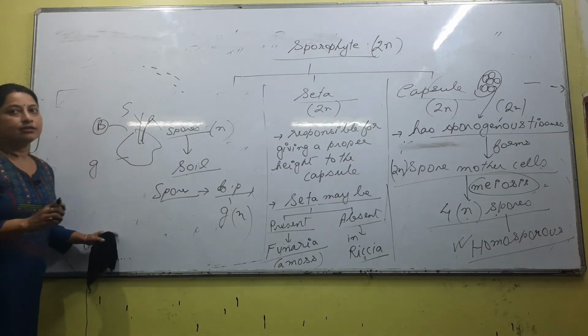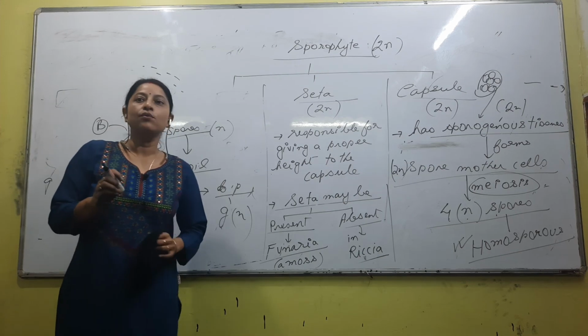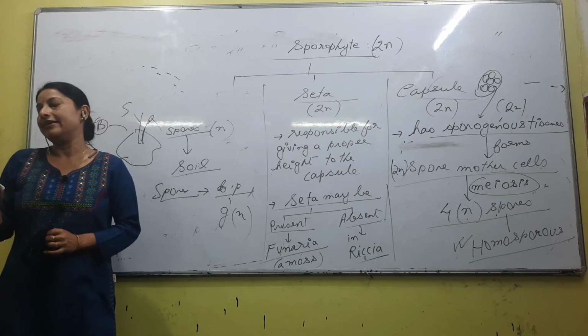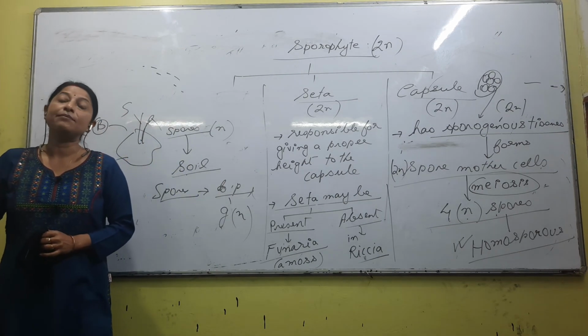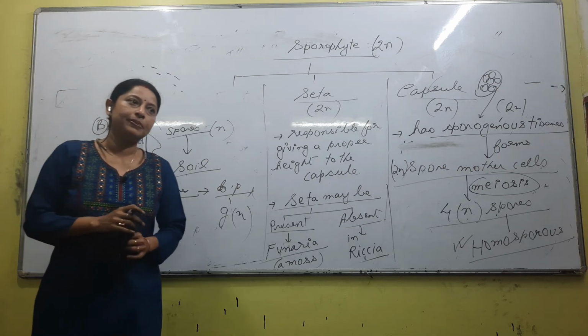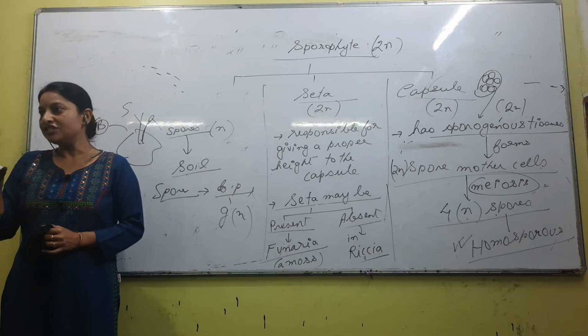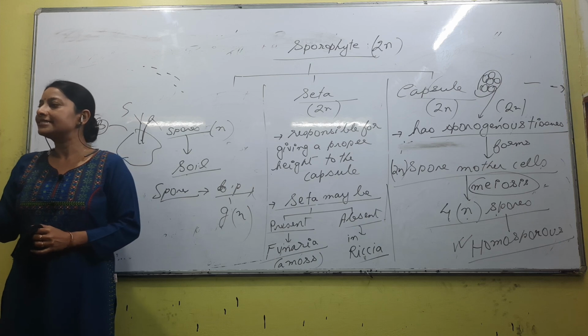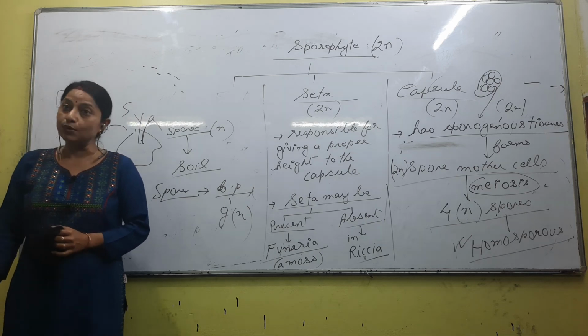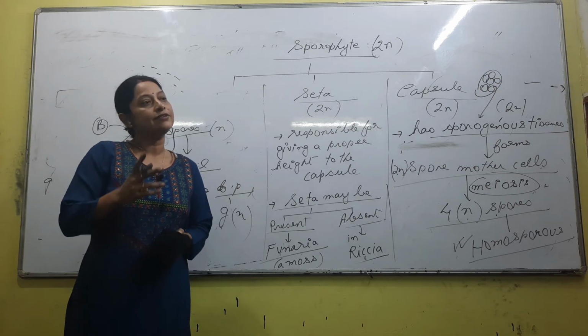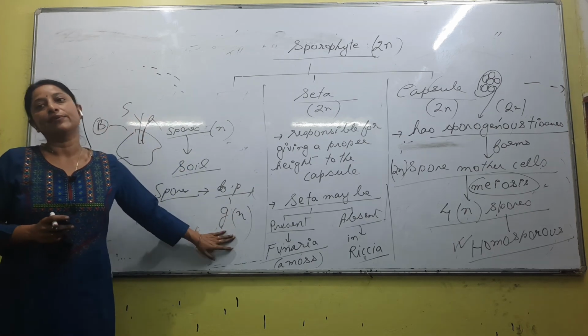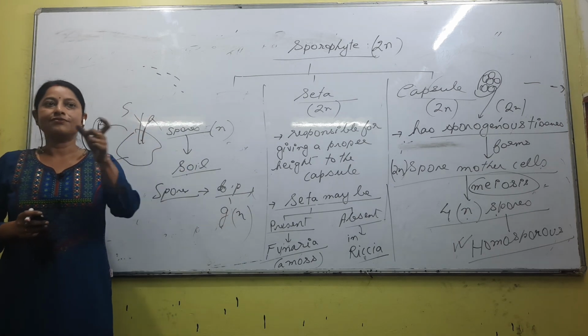Now the question is, which cell is considered as the first cell of gametophytic generation? A spore is considered as the first cell of gametophytic generation. This is the question above, right? A spore is the first cell of gametophyte.